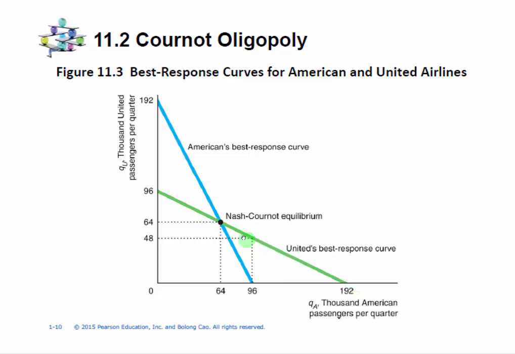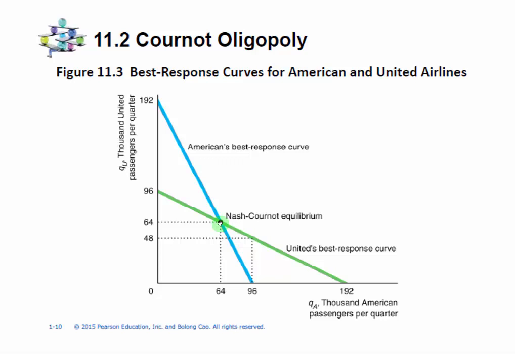So the United best response curve will be this mirror image around a 45-degree line of the American Airlines best response curve. Now we actually see this point, 64, is the so-called Nash Cournot equilibrium point.